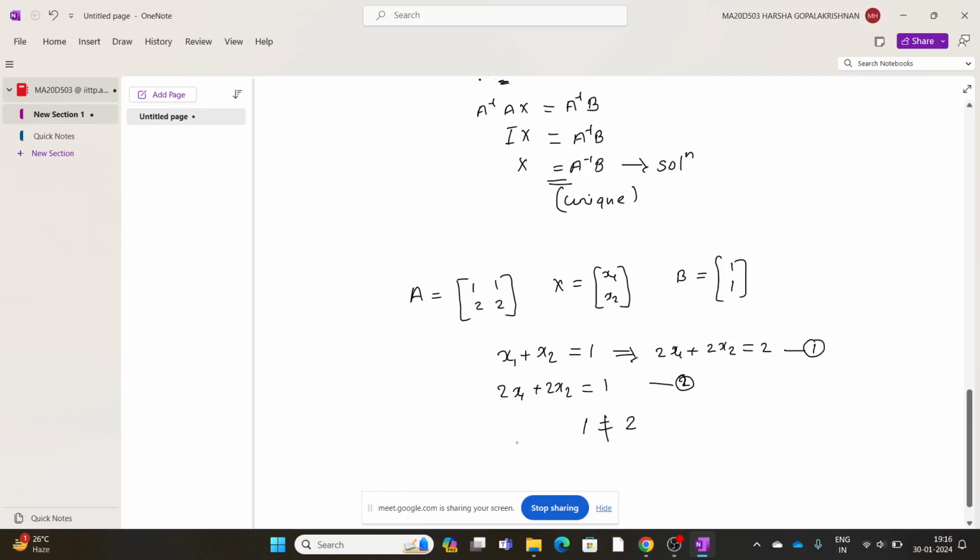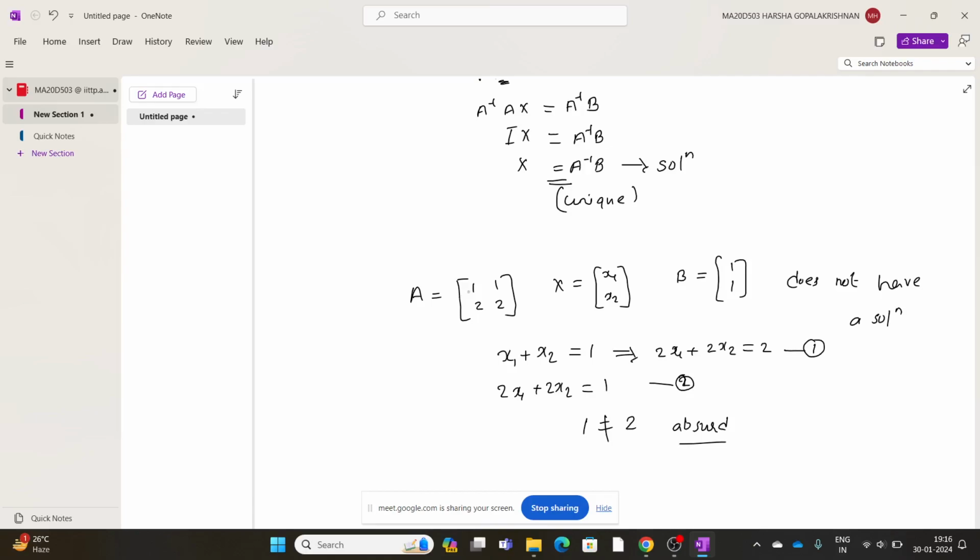Since the LHS is the same, 1 equal to 2. This is not true, right? This leads to an absurd result. Why is it happening? It does not have a solution. We assumed it has a solution and tried to solve it, so we got something wrong. So it does not have a solution.